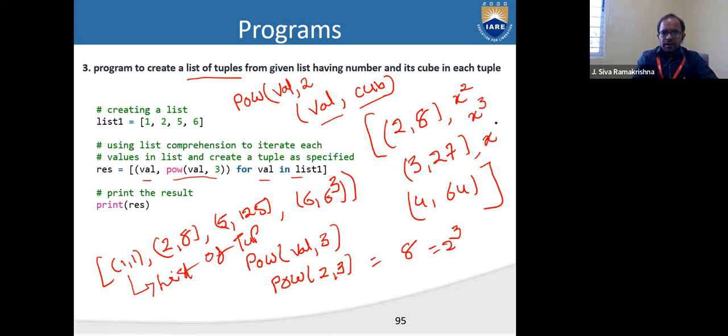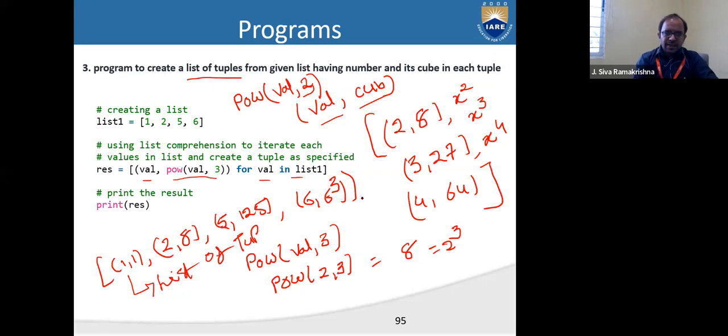Similarly, you can find x to the power of 4 using this simple function. The first argument represents the value and the second argument represents the power to which you want to raise the actual value. In this case, I want to raise this actual value to the power of 2. Similarly, if you want to raise to the power of 3, you need to replace this argument by 3. Like that, you can proceed.